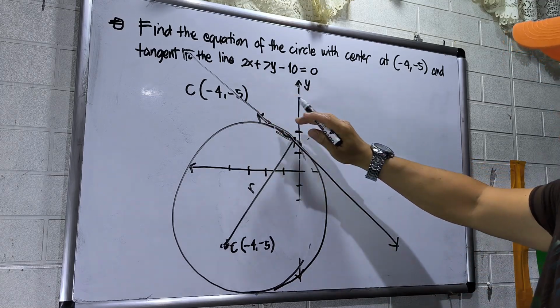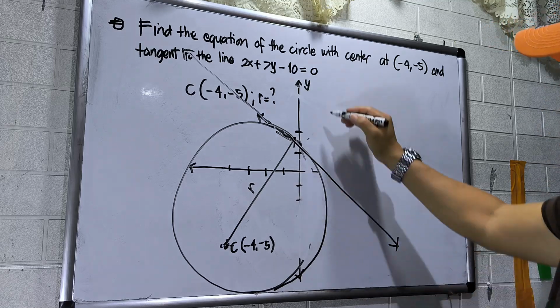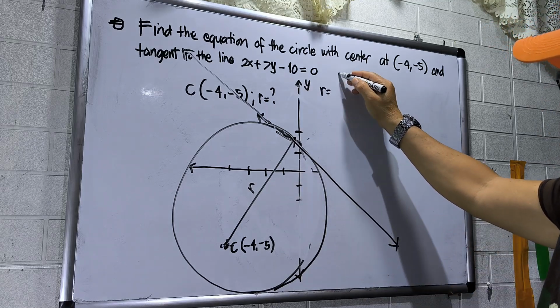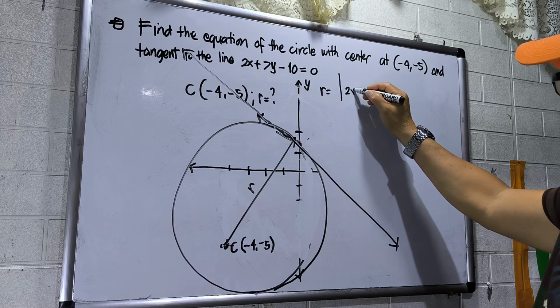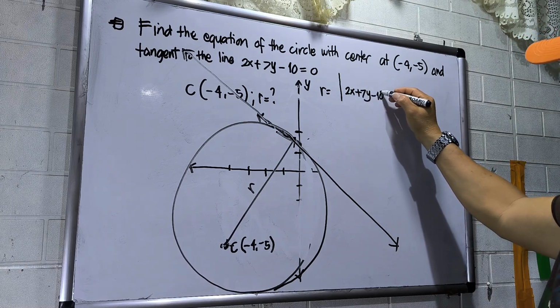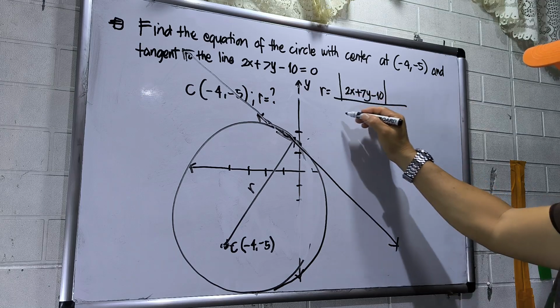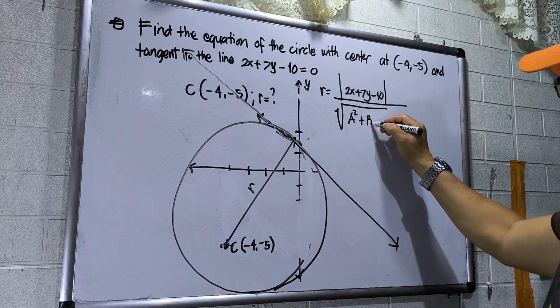So how do we solve for r? Because we need r here and it is unknown. We have the formula r equals the absolute value of the line 2x plus 7y minus 10, over the square root of a squared plus b squared.